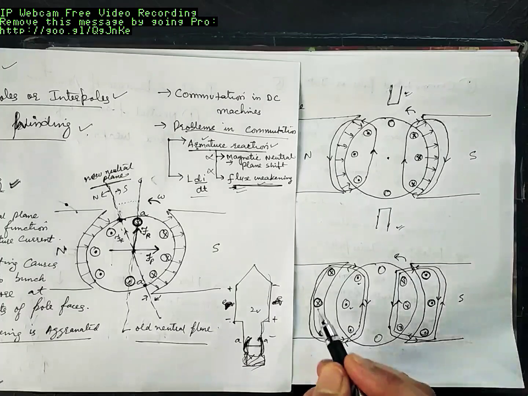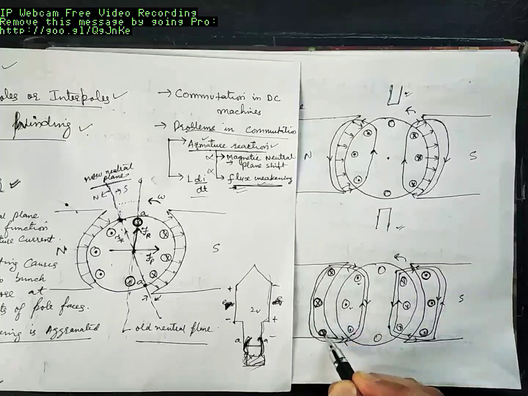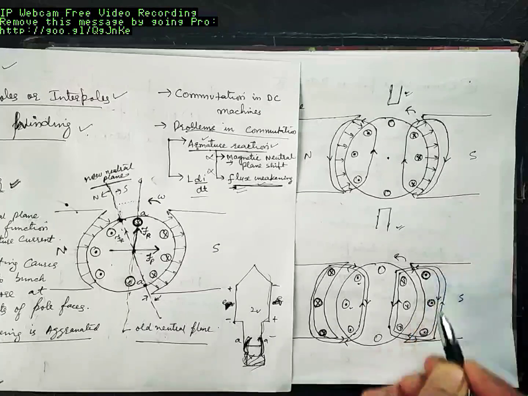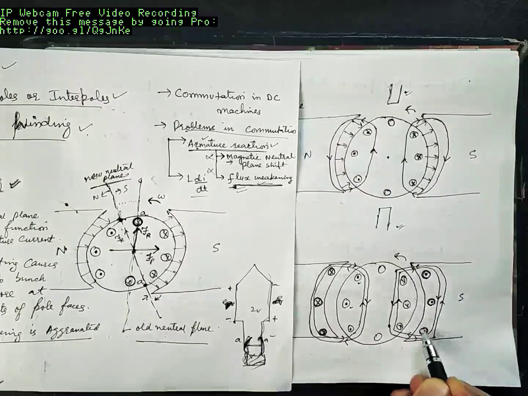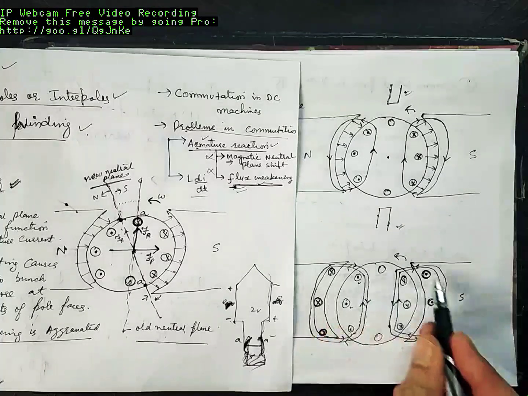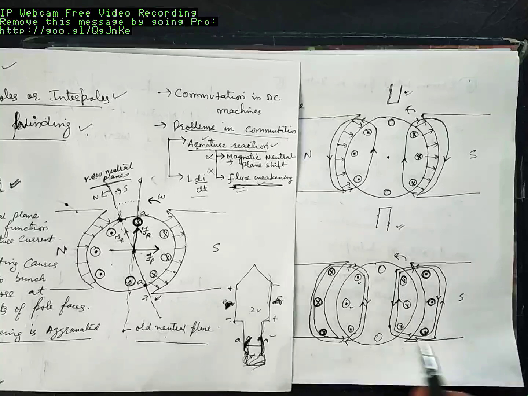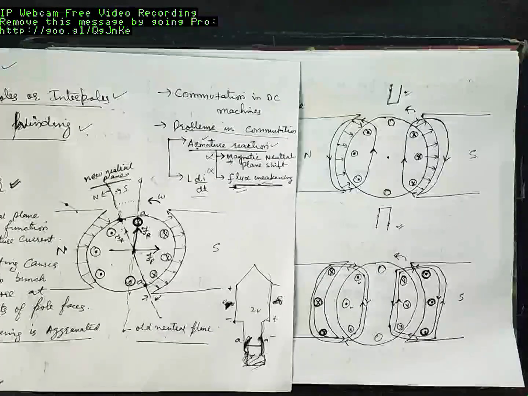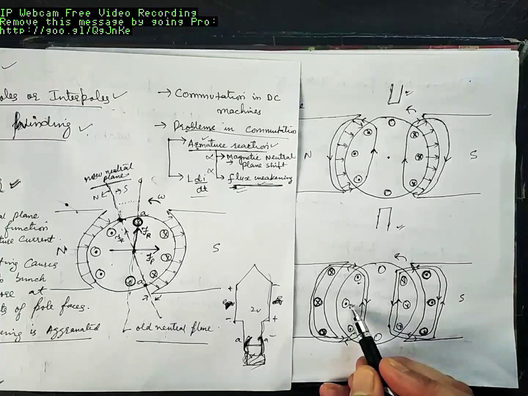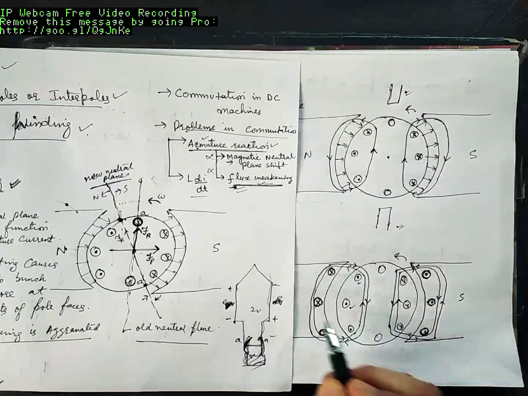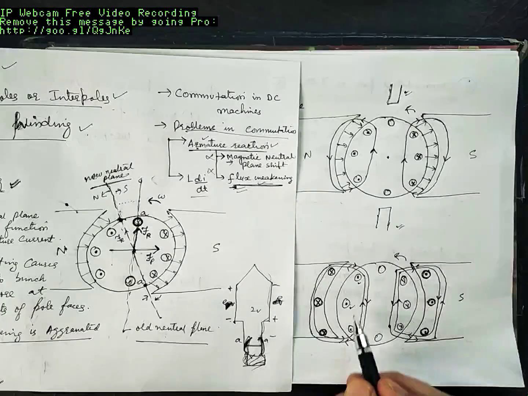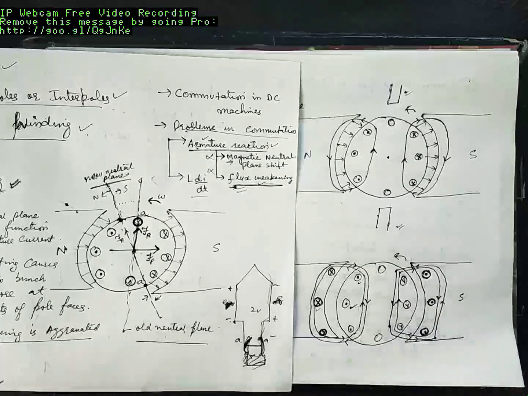Again, these compensating windings, which are buried inside the pole faces of a DC machine, are being fed directly from the armature currents itself. That means when armature current increases, armature reaction is more. But when armature current increases, the current through the compensating winding is also more, which will produce more flux, which will exactly cancel the flux produced by the armature conductors.